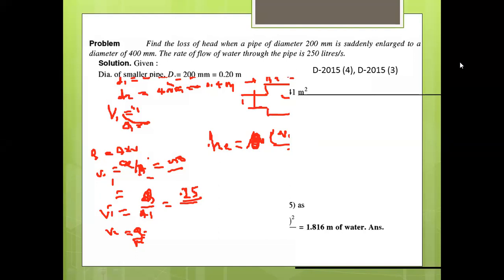Mayuri has got the answer. What about other students? H is equal to 1.816.